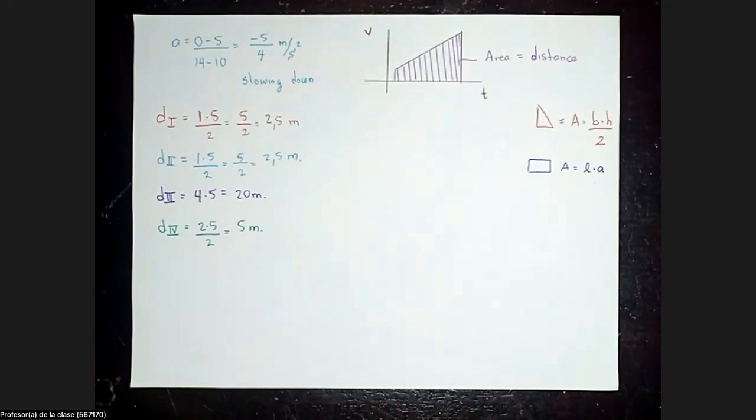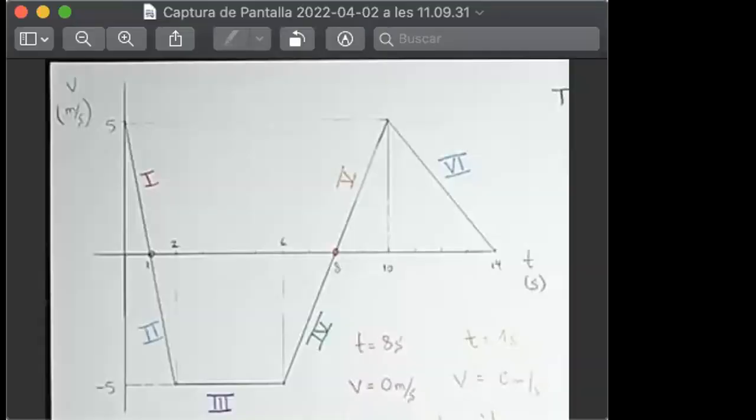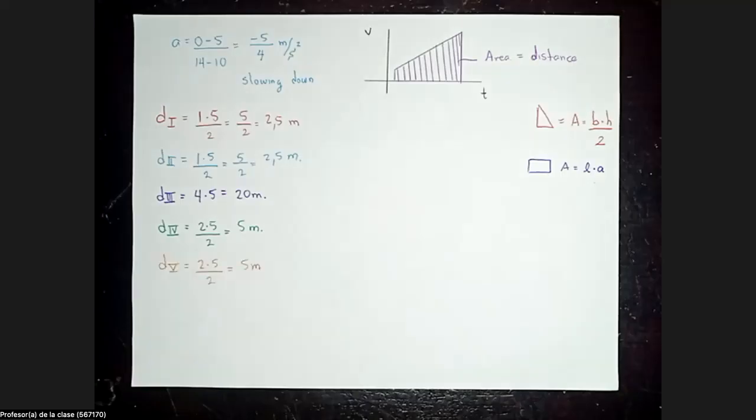Now, interval number 5. The distance is another triangle. The base is going to be 2. Height is going to be 5. And divided by 2 is going to be 5 meters. Again, on the fifth interval.